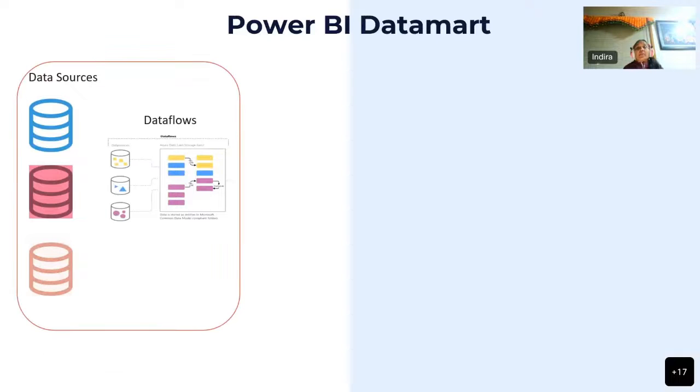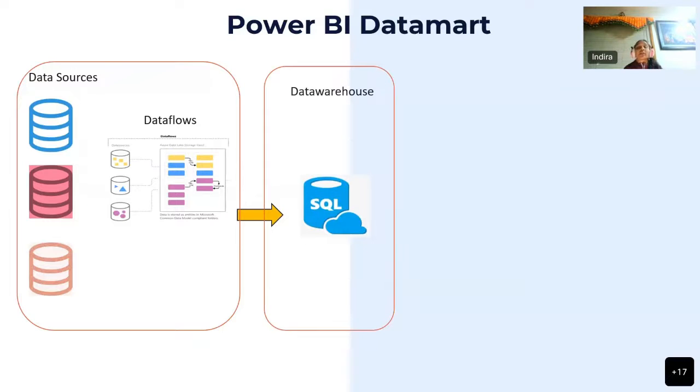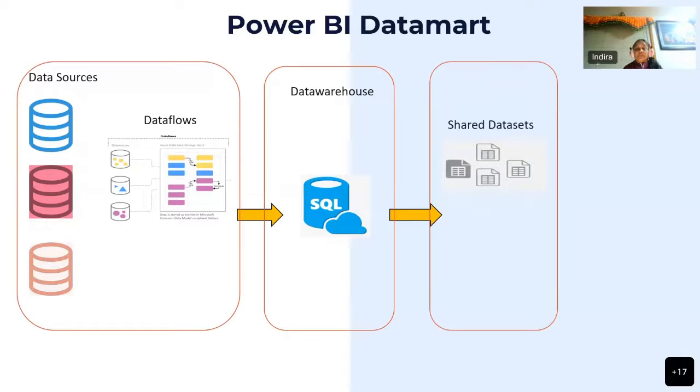And then from the data flows, in the background, it creates a SQL Server data mart, and that SQL Server is in Azure. So it's in the Azure SQL database, and it all happens automatically. The user doesn't know that this is happening. And that can be used to create shared data sets.